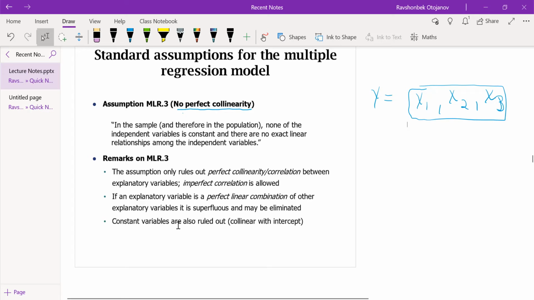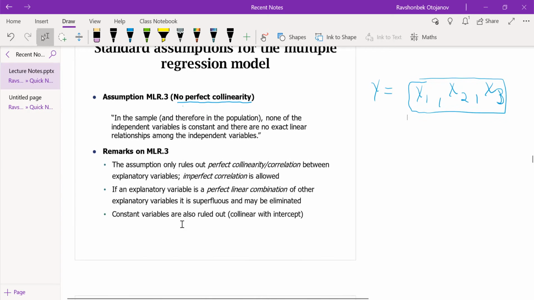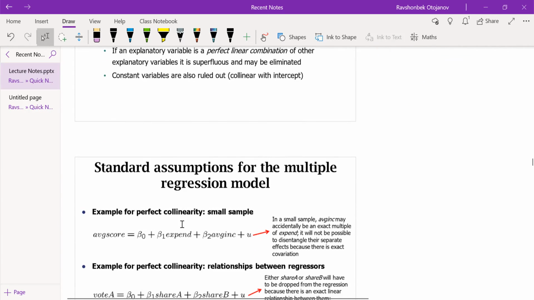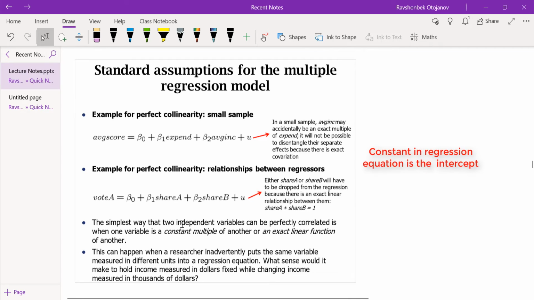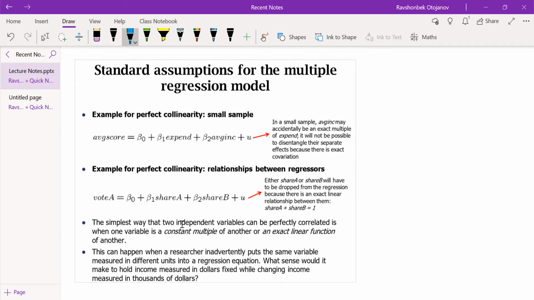Similarly, we also rule out constant variables. We don't want variables that are not changing at all, because this will then lead to correlation with the constant in the regression model. So here are further examples related to the multicollinearity case. For example, average score, the standardized test score that we discussed earlier, is a function of expenditure per student and average family income.